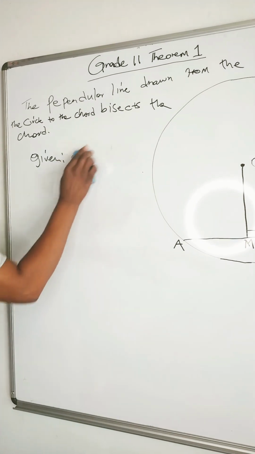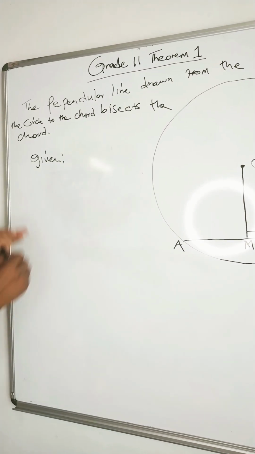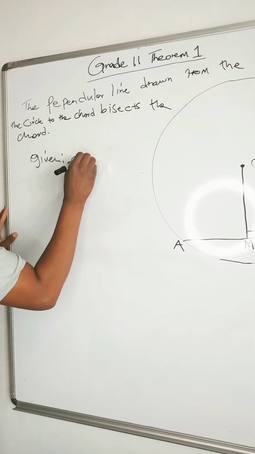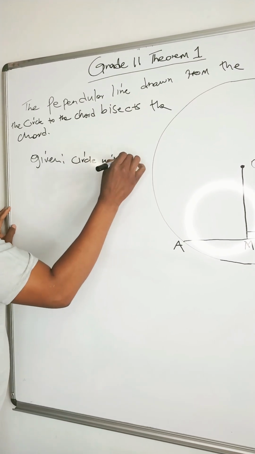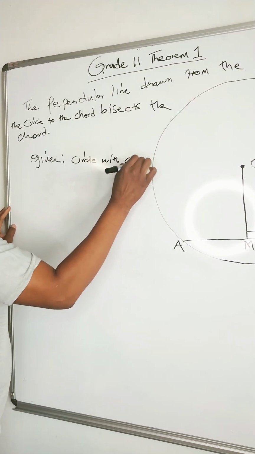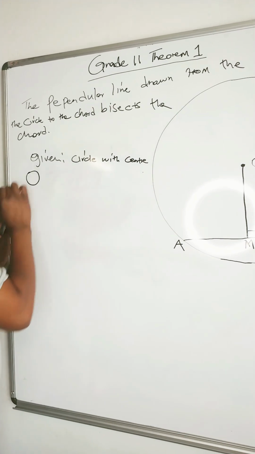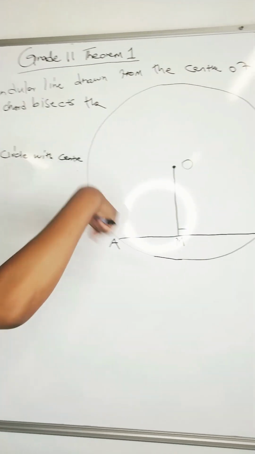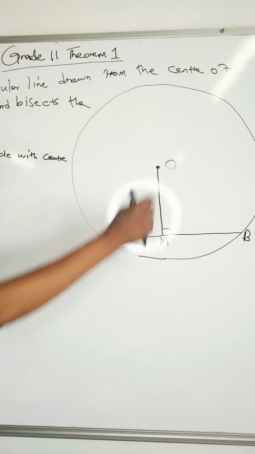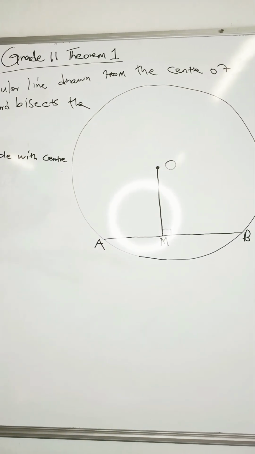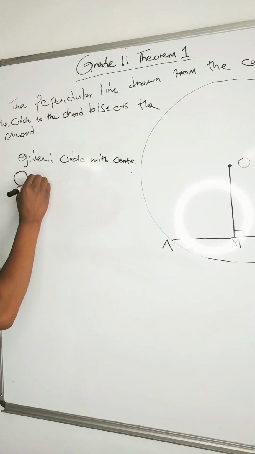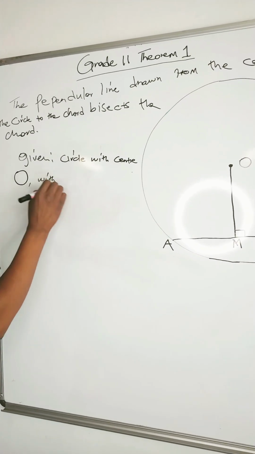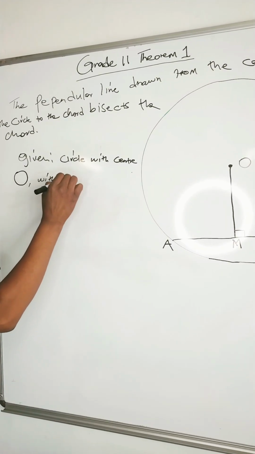We are given a circle with center O, with OM perpendicular to AB.